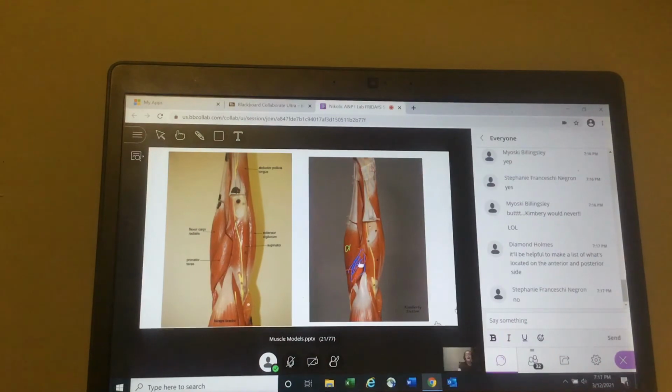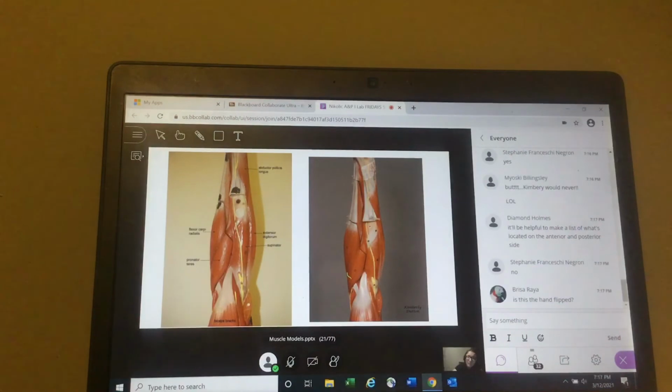Now, I actually prefer the image on the left, but it's the exact same image, except they took one more muscle group off. Okay, really important. If you're not listening, stop and listen, because you will get this wrong if you don't. I guarantee you. Now, they have taken off the brachioradialis muscle.